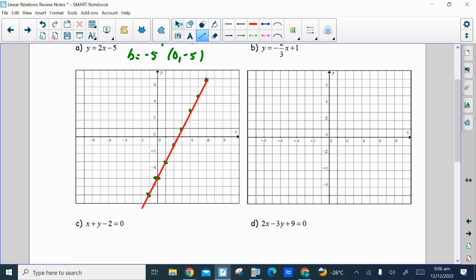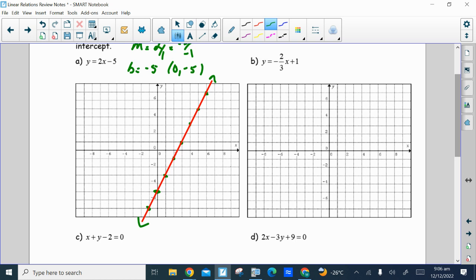And you have to remember that we always put arrows at the ends of our lines to show that the pattern continues forever. Those arrows must be there. So there's the graph. The slope is positive 2, and because it's positive, the line rises as you go left to right.